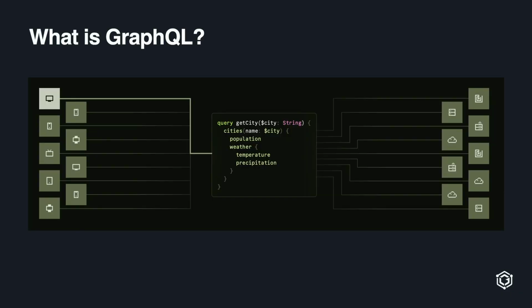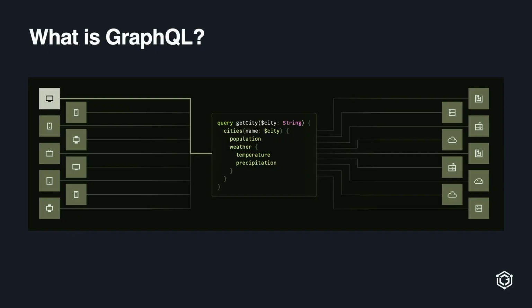So what is GraphQL? GraphQL is a declarative query language used to query data from your service. GraphQL is agnostic to how you store your data. It doesn't matter to GraphQL if your data is coming from a SQL database or another microservice. And what this allows is it gives you a unified interface for your backend.